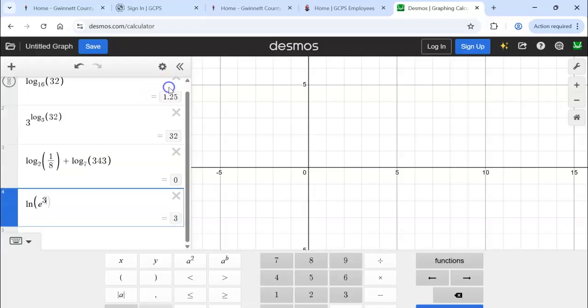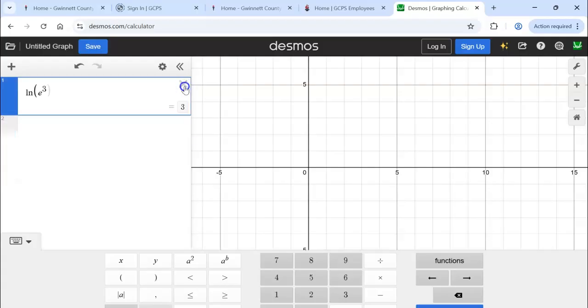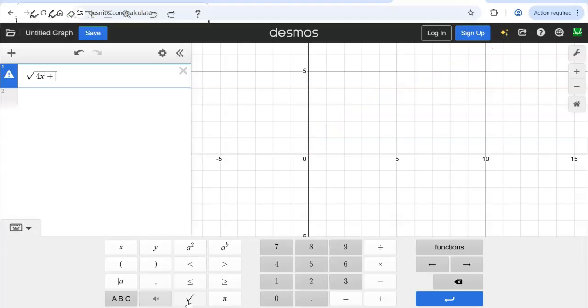So to be able to do it on Desmos, you're going to plug in the original function, which is your square root of 4x plus 4 equals x minus 2. That is your original function.